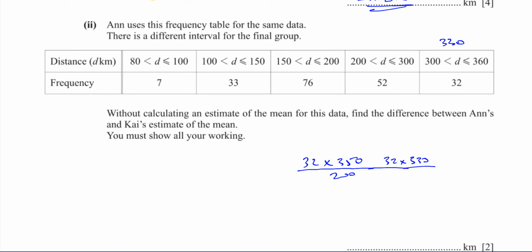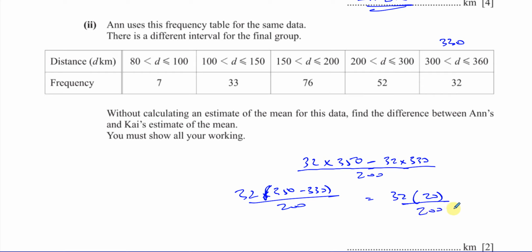So the difference between those two values is basically 32 times 20, over 200. Because you have 32 as a common factor, 350 minus 330 over 200. So it's like 32 times 20 over 200, because that will be the difference between them.